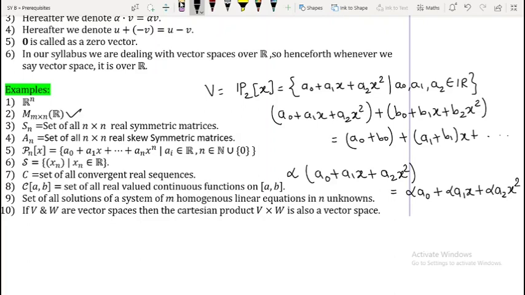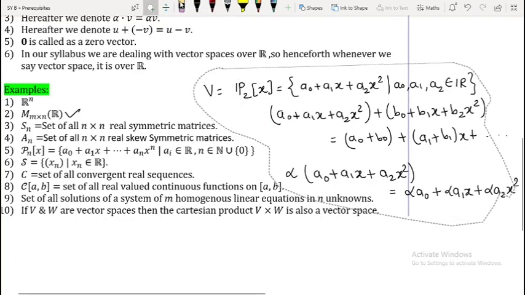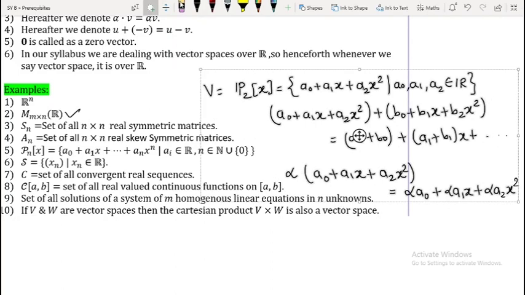In this way the scalar multiplication is defined. So with respect to this addition and scalar multiplication, our P2 of x is going to be a vector space. The same thing will be true if you change this value of n. You can take it to be 3, 4, 5 and so on.